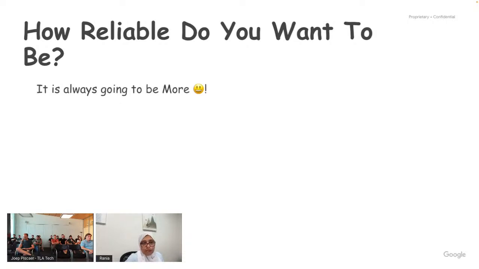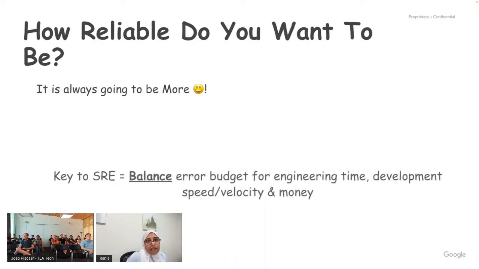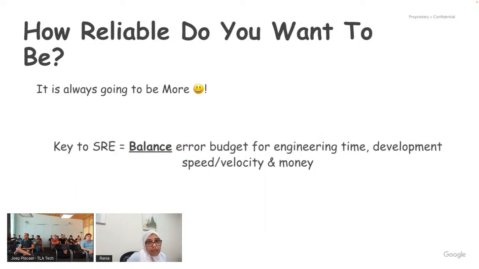Okay, how reliable do you want to be? Definitely everyone is greedy to make things better, so it's always going to be more. But the goal there is to balance things. So we need to balance the error budget against engineering time, development speed and velocity, as well as money, because developers want to move forward.